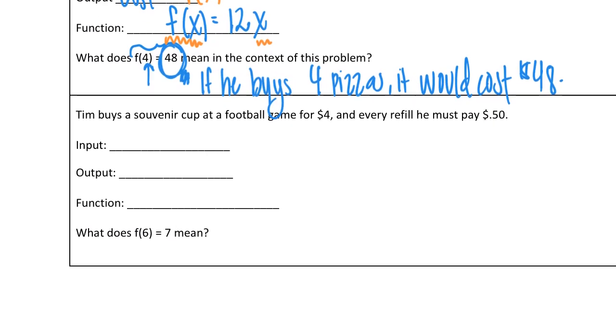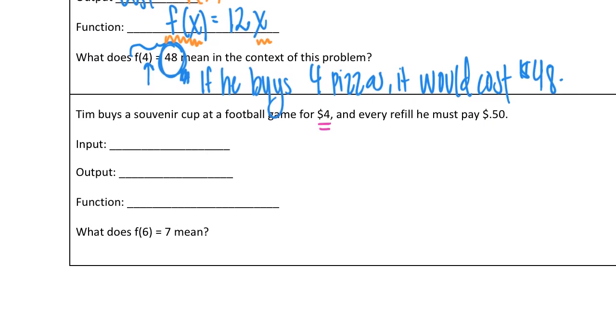Tim buys a souvenir cup at a football game for $4, and every refill he must pay 50 cents. Our input, or the thing that's going to be driving the change in his cost, is the number of refills that he gets. We're going to call that x. It's going to affect his output. Well, what's his output?